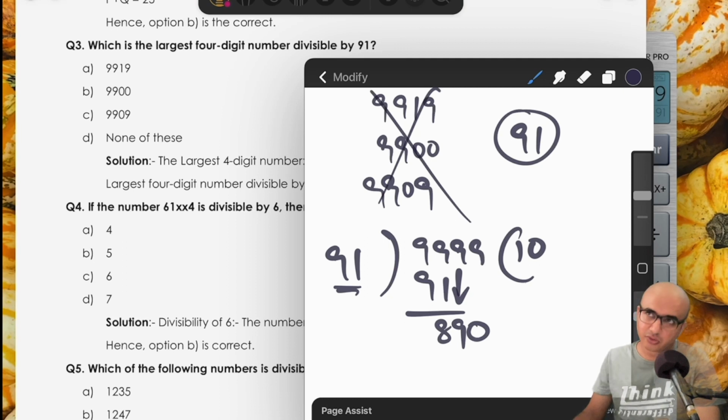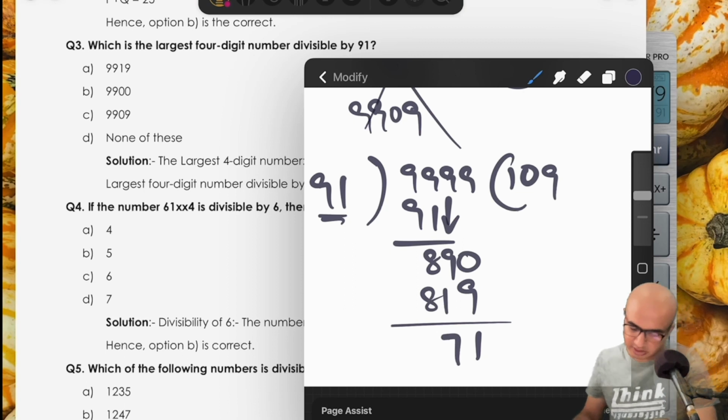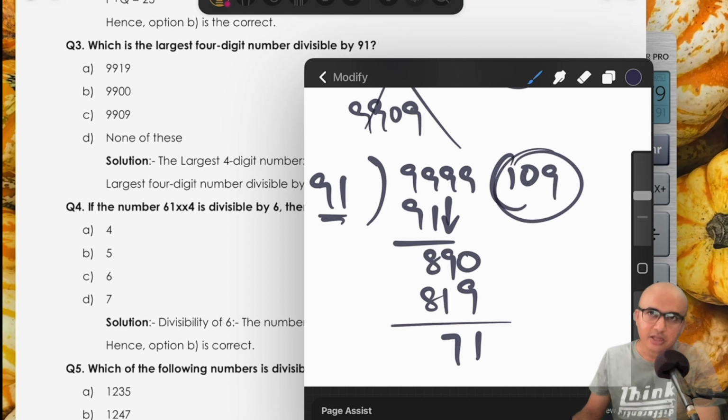So therefore 10 is not possible. So 9, the previous number we'll consider, which will be 9 ones are 9, 9 nines are 81. So in this case, how much are we left with? 10 minus 1, 9, 1, 8 minus 1, 7. So some fraction will come into the picture. So basically the answer is 109 with some remainder.